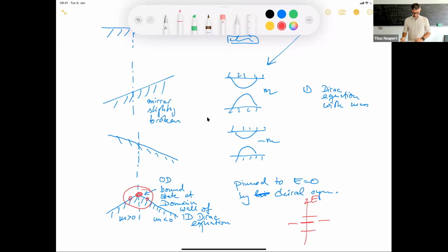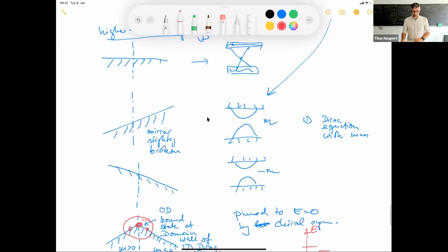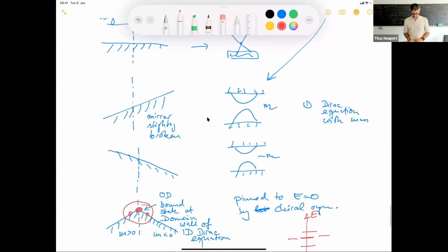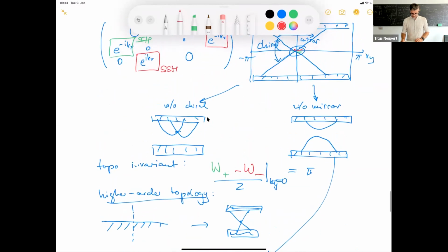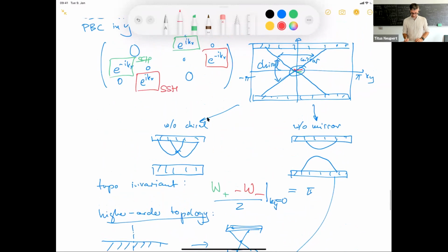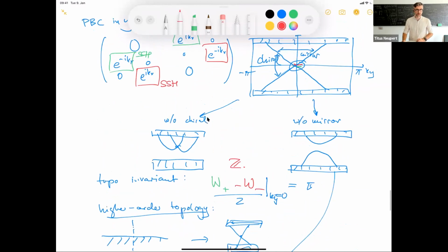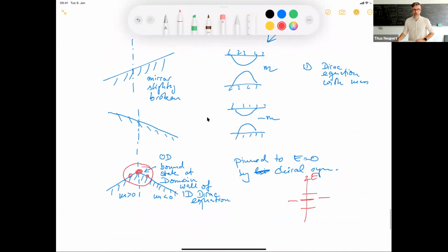And that is actually an important point to make, because the bulk topology here has to do with winding numbers. So there's a set topology in the bulk, but it can only tell you about the C2 number of these corner states.